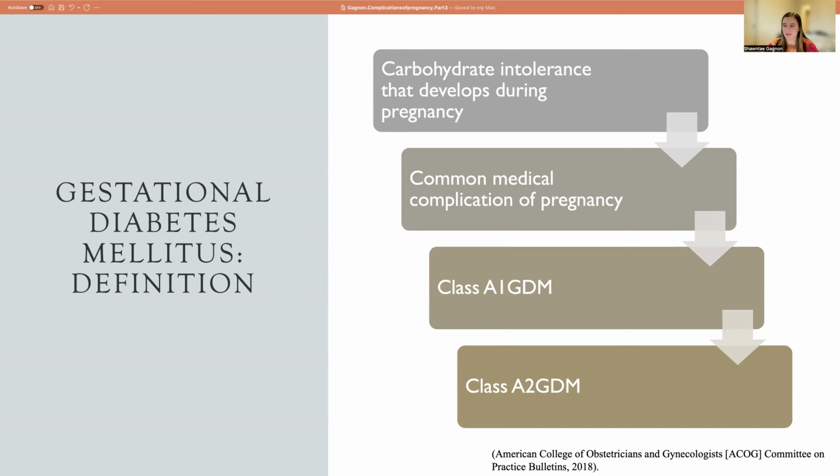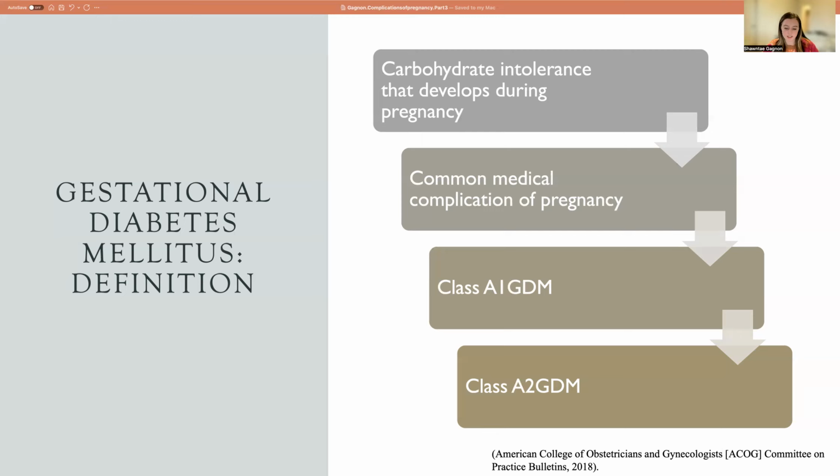But the blood glucose levels still aren't quite controlled as much as we'd like them for safety and health. So then they need to go on medications to achieve that euglycemia that we want them to achieve, especially during their pregnancy, because gestational diabetes places the mother and fetus at risk for short and long-term complications.